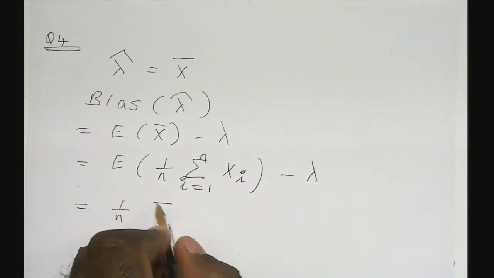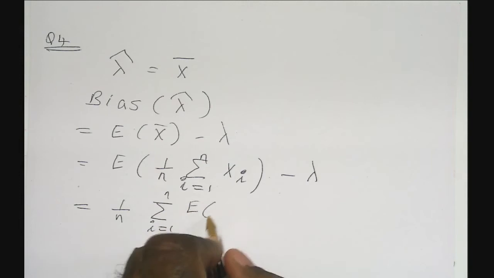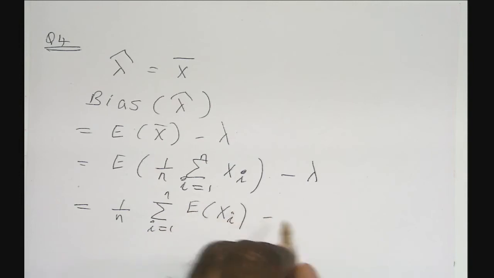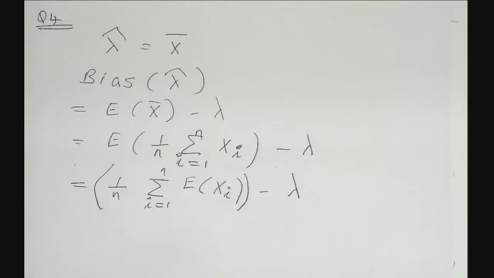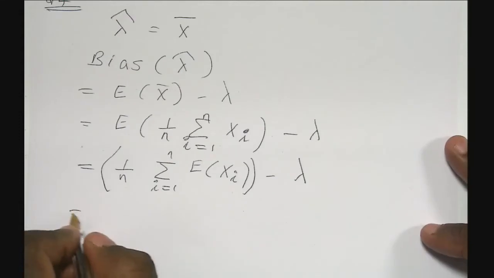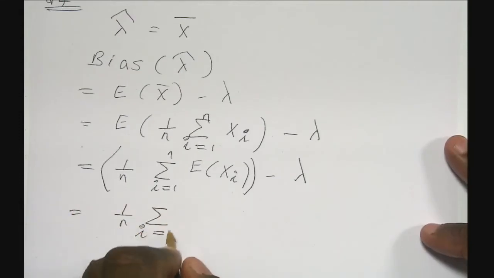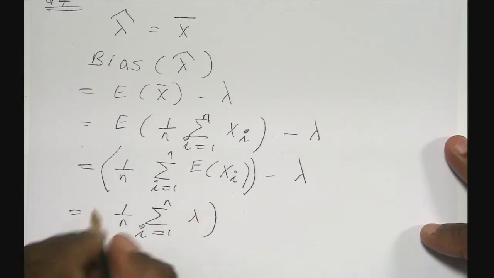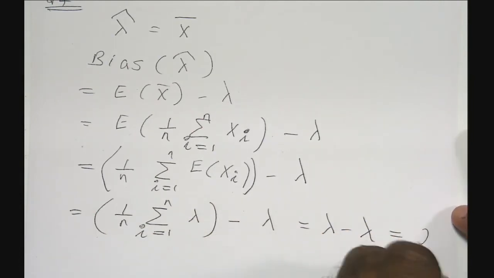So the expectation of x bar, we know that the expectation for a Poisson variable, you guys remember from your first year, I guess, is lambda, and this is lambda minus lambda. So the bias is 0.